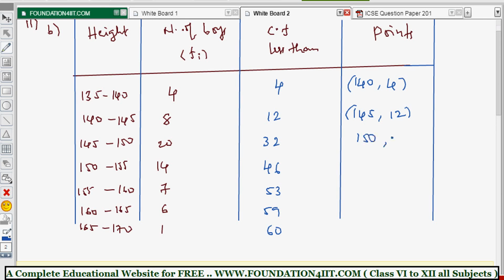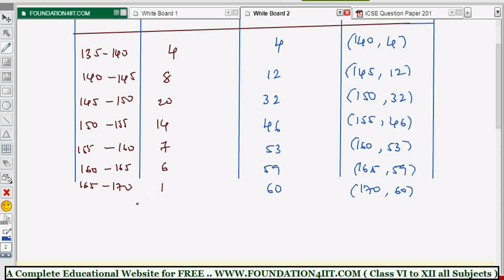And 150 comma 32, 155 comma 46, 160 comma 53, 165 comma 59, and 170 comma 60. These points we plot on the graph. So sigma fi is equal to n, that is 60.